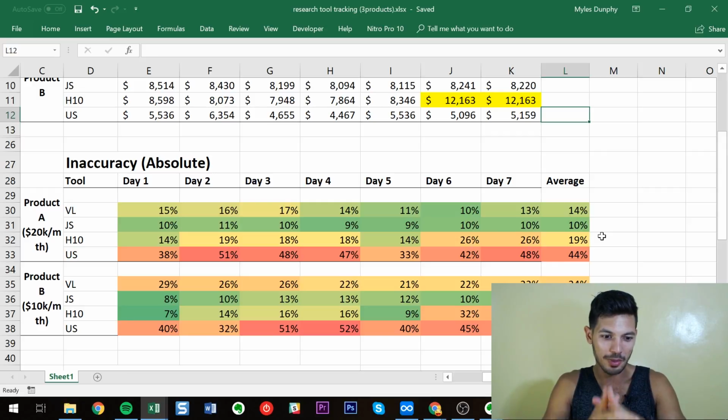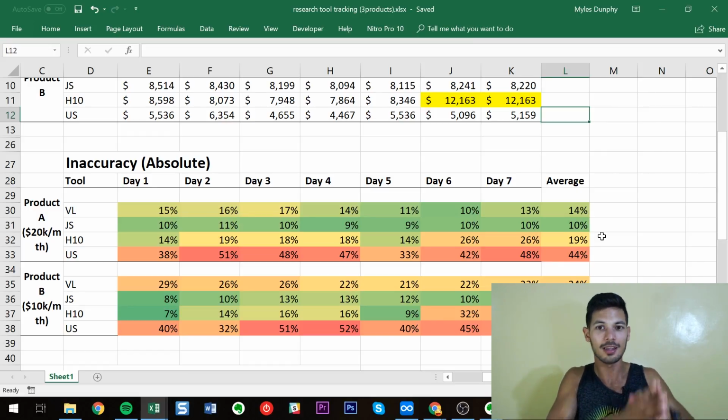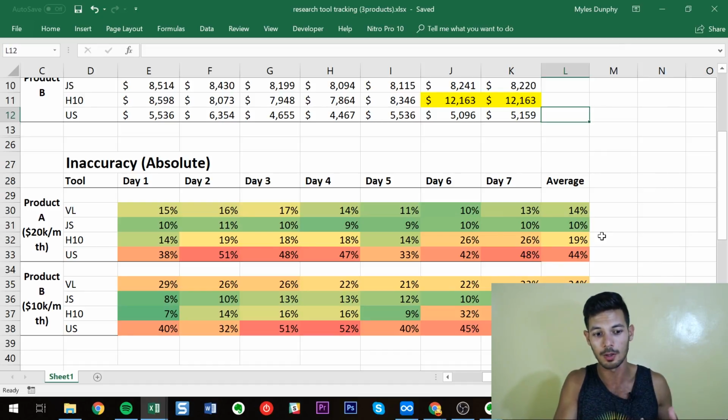And I'm going to talk to you about the raw data, then the average inaccuracy out of each of the tools. So which one has the highest inaccuracy, which one has the lowest from this test. And then I'm going to talk to you about the real conclusions, what I am doing and what I'm getting out of this as a 7-figure seller. And therefore what I want you to take away from this as well, because it's not just the numbers.